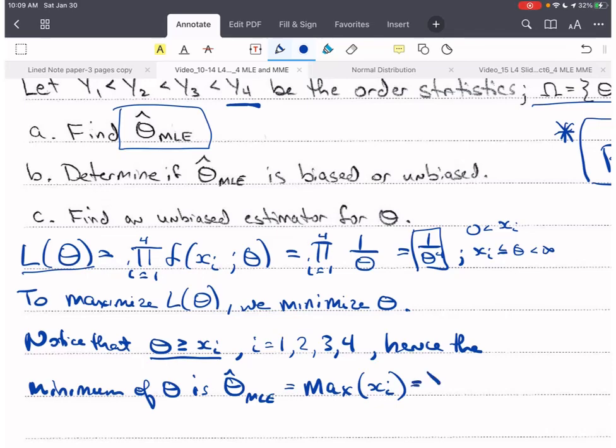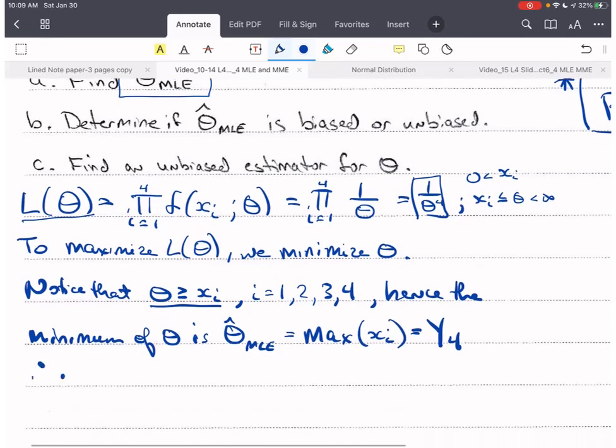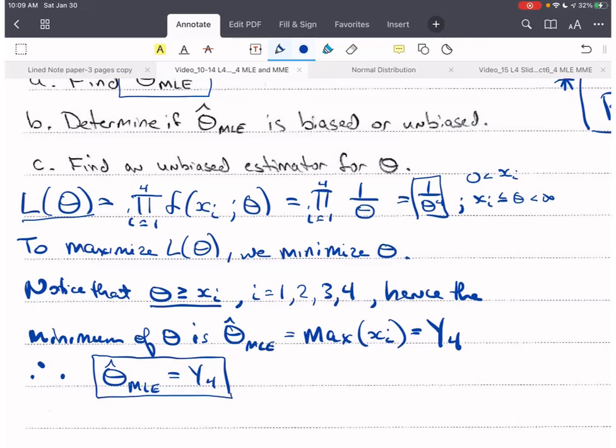So therefore, theta hat MLE is equal to y4, the maximum or the largest order statistic, the max of x, or the fourth order statistic, since there are 4 random variables.